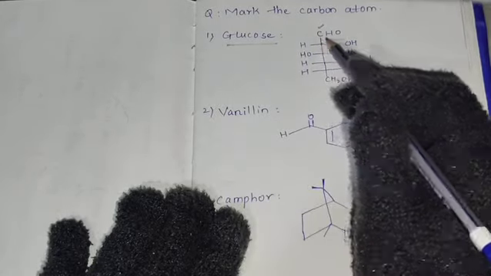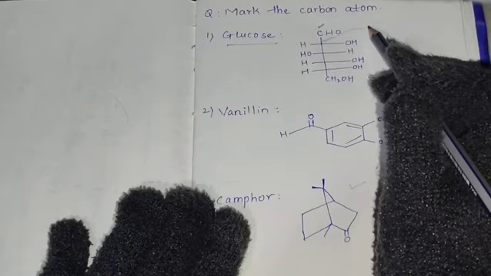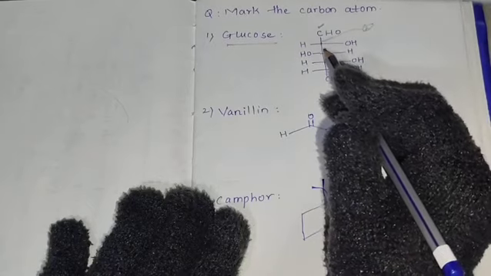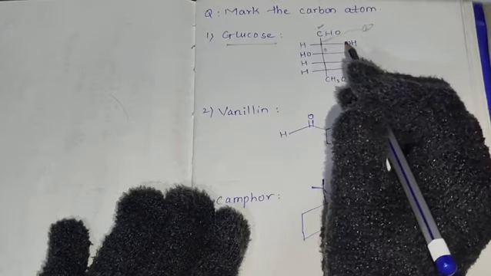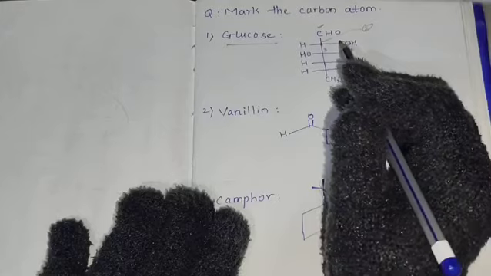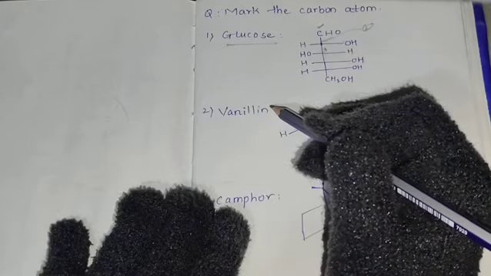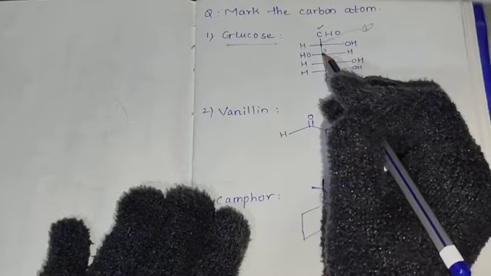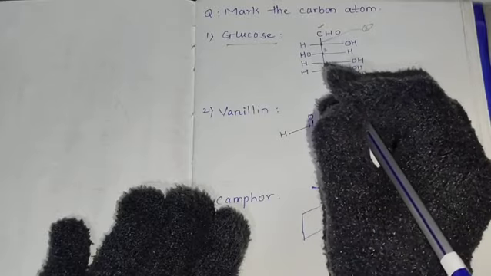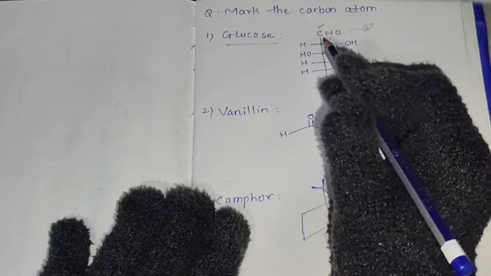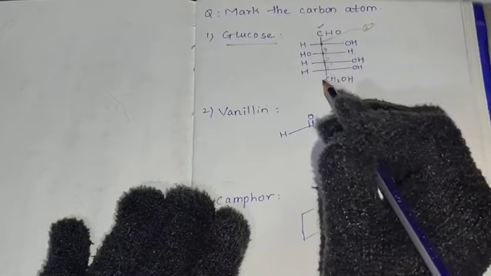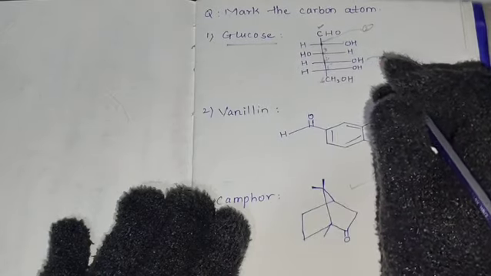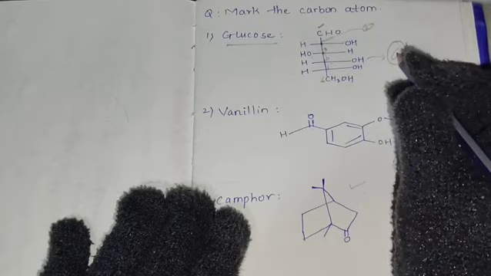This point also shows a carbon atom, the second carbon atom. This is the third carbon atom. This joining point through these two bonds represents a carbon atom. This also represents a carbon atom, and this also represents a carbon atom. So 1, 2, 3, 4, 5, 6. There are a total of 6 carbon atoms.